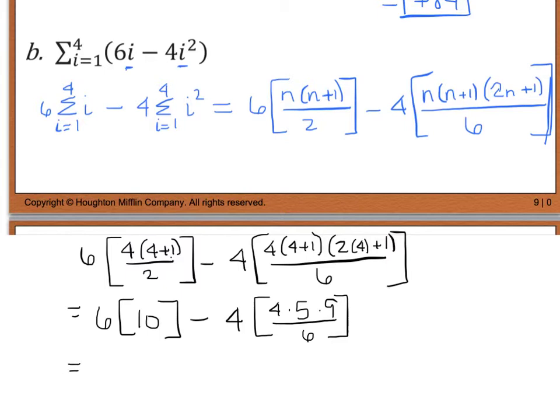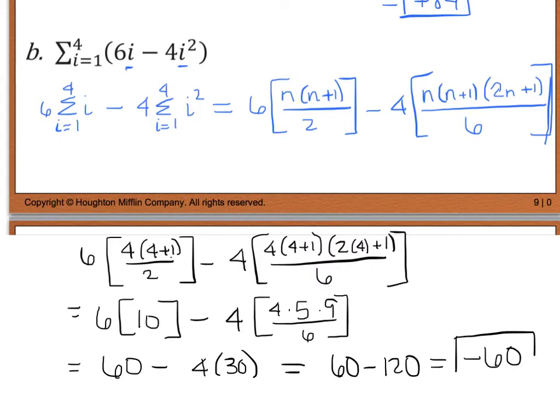So this gives me 60 minus 4 times 30, which is 60 minus 120, or a negative 60 for final solution.